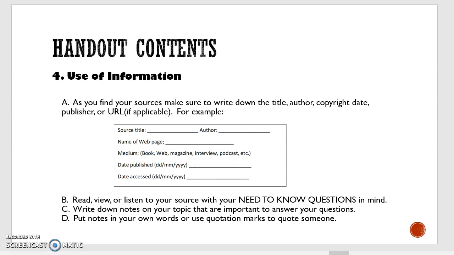Also, as you're reviewing or listening to your source, keep in mind, does it answer those questions that you wrote under the Need to Know column in step 2? And when you are writing down your notes, try to use your own words. If not, make sure you use quotation marks and give credit to the person who did say it.